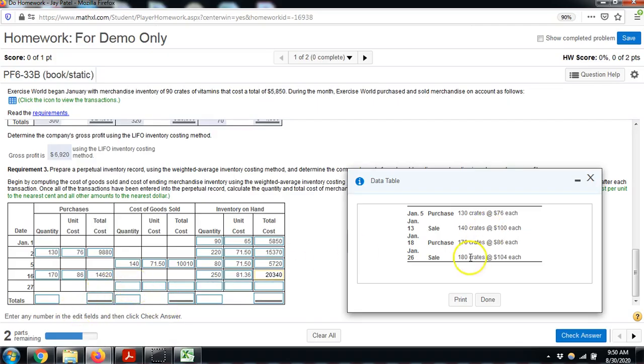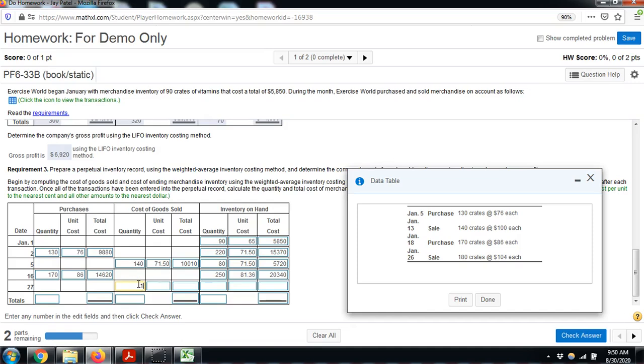Okay, so now finally we have this sales transaction, 180 units. We have to use our new calculated cost. And you just multiply these two together.